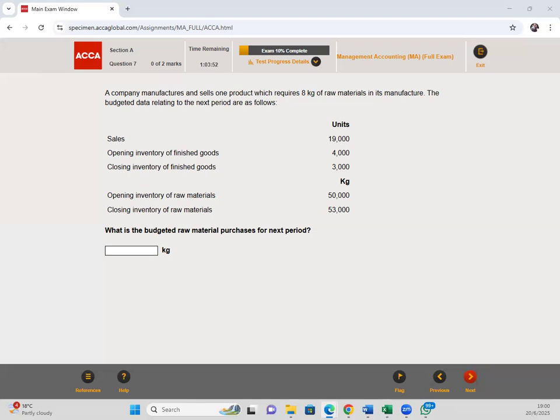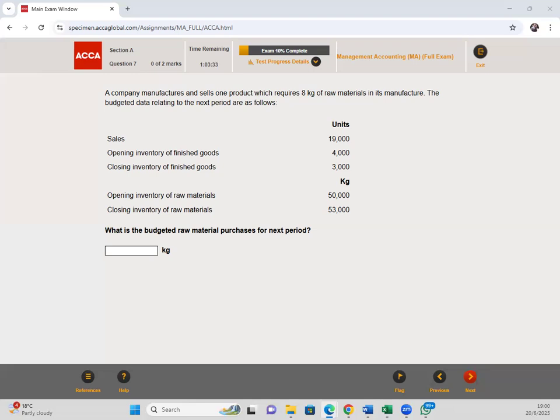We are given the sales, we are given the opening stock. What is the budgeted raw materials purchases? So it's about budgeting the raw materials.